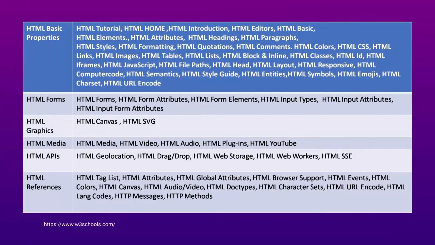The basic properties mostly cover editing details, then element details, attributes, then how you can put on the headings and that formative information, tables, lists, and some classes, integration with JavaScript, how to use it, and some layout, etc.